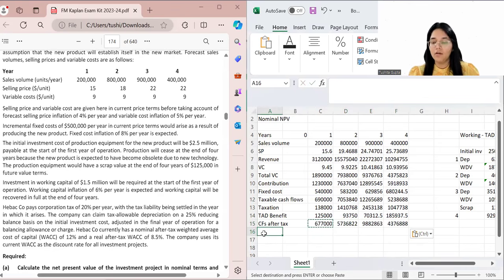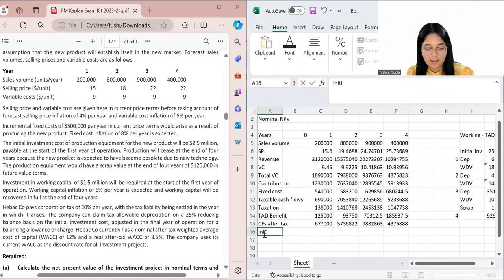The next thing, a few more things before I work out finally the NPV. The next thing that I take is my initial investment as well as my scrap value. So my initial investment over here is 2.5 million. I already have it written with me over here.